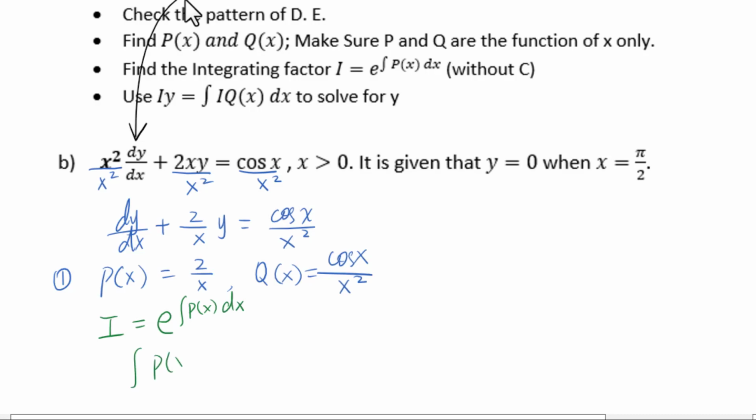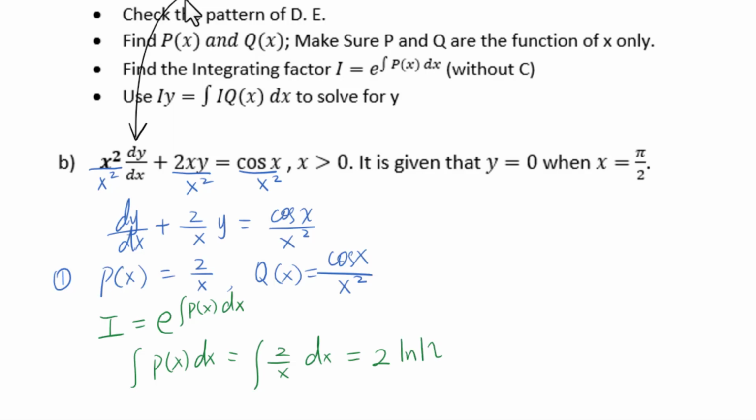The integral of p of x dx equals the integral of 2 over x dx, which equals 2 natural log of the absolute value of x. Since x is greater than 0, it equals 2 natural log of x.